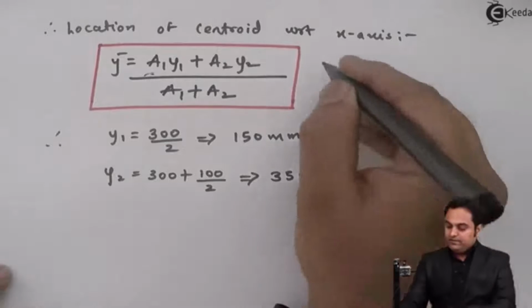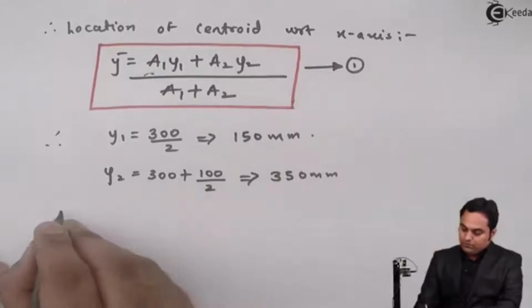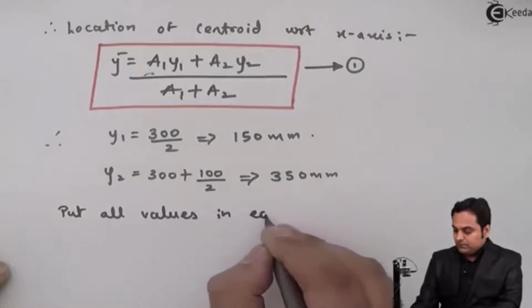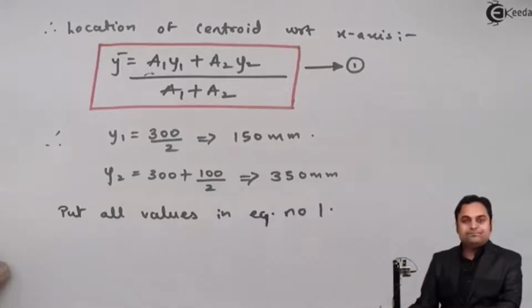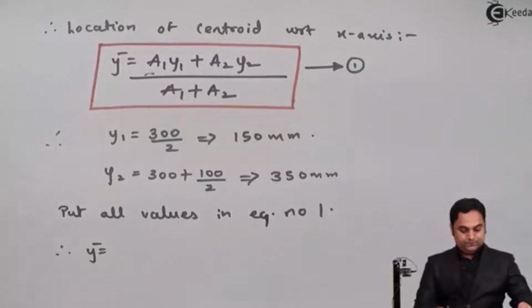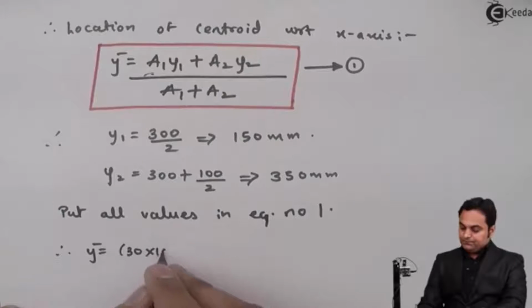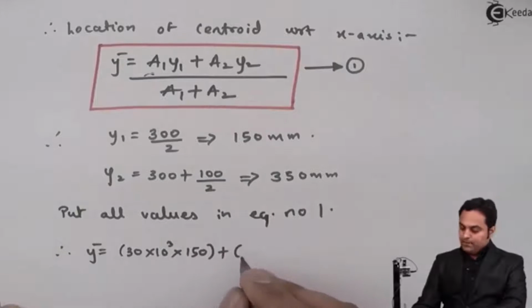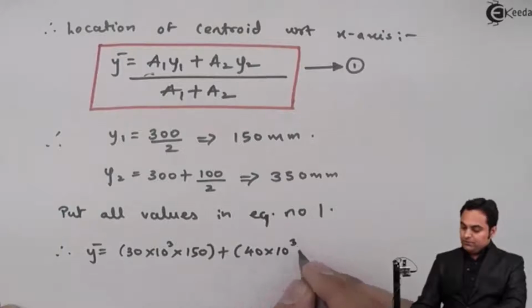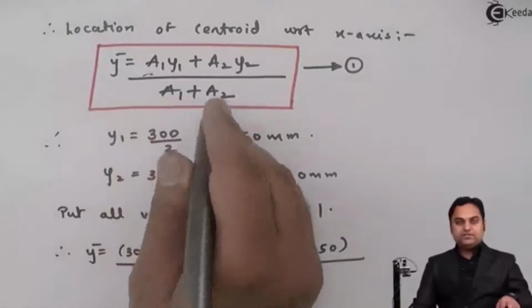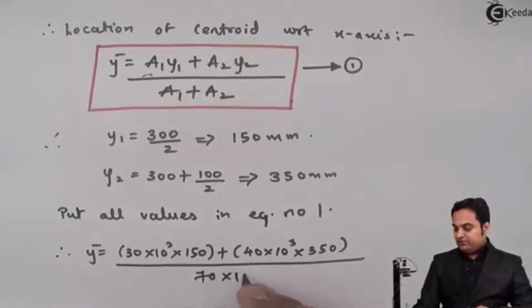I'll keep this as equation 1 and put all values in equation number 1. So y bar is equal to A1, 30 into 10 raised to 3, into y1 150, plus A2, 40 into 10 raised to 3, y2 350, divided by A1 plus A2, total area 70 into 10 raised to 3.